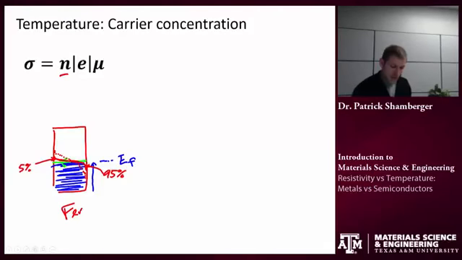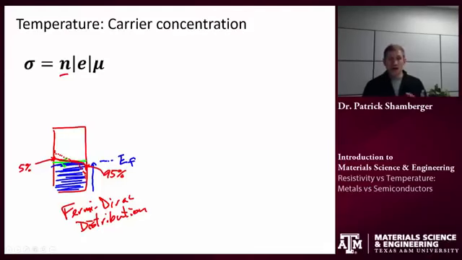So this is called the Fermi-Dirac distribution. And basically it's talking about what are the energy levels that the electrons will actually occupy at some finite temperature. The important thing to remember here is that the higher the temperature is, the more smeared out that occupancy will be.